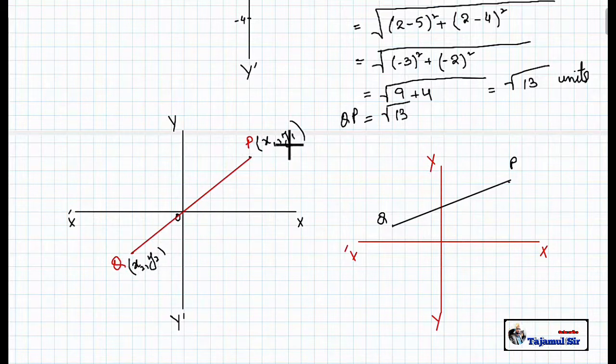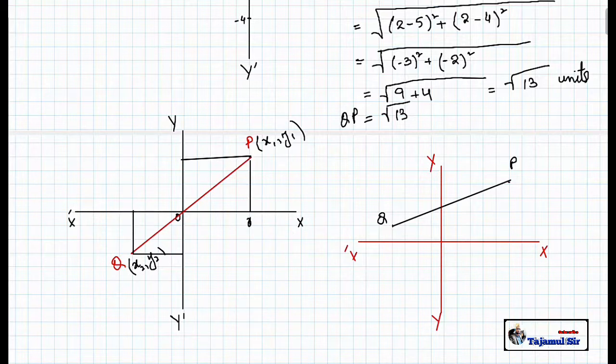The shortcut is to find x1, y1 and then x2, y2, and then you can easily calculate. Now the question is how to find x2 and y2. If you draw a line from this point to the axis, this is our x-axis coordinate and this is our y-axis coordinate.